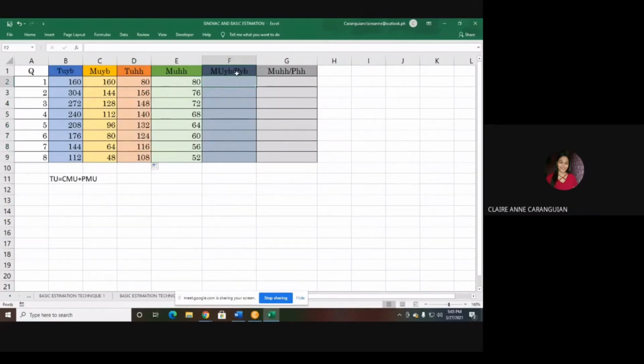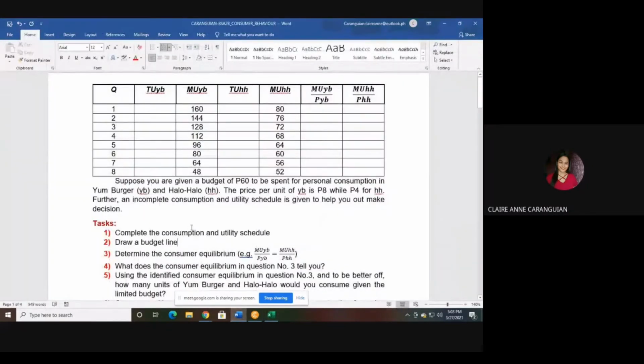Now, here we compute MUYB divided by the price of Yum Burger. What was stated in our given? The price of Yum Burger is 8 pesos, while for Halo Halo it is 4 pesos.